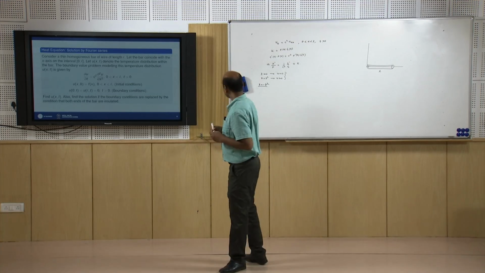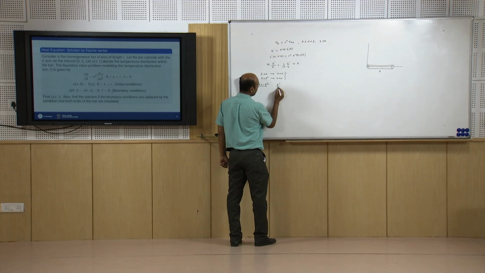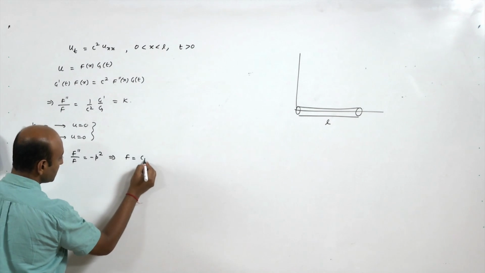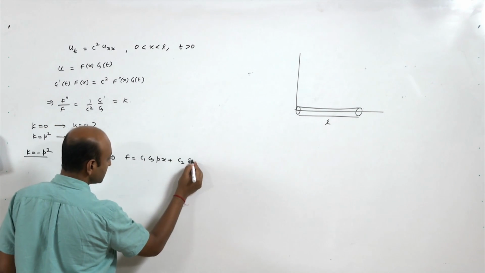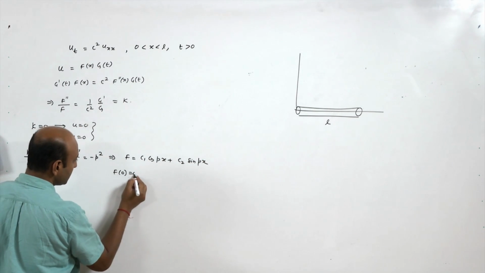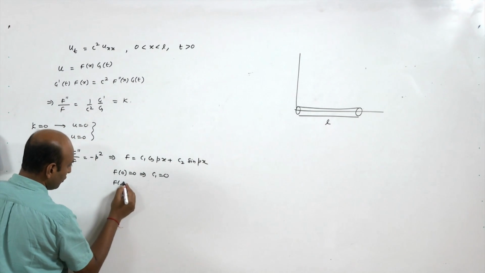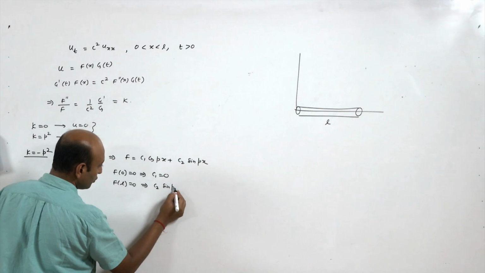So, when k equals minus p square, f double dash upon f will be equal to minus p square, which implies f will be equal to c1 cos px plus c2 sin px. Again f(0) is 0, this implies c1 is 0, and f(L) equal to 0, so this will imply c2 sin pL equal to 0.